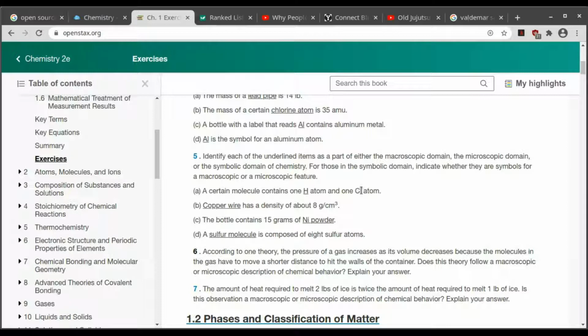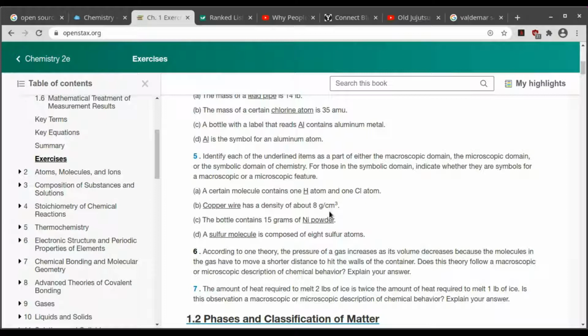Copper wire has a density of about 8 grams per centimeter squared. I believe that would be macroscopic. A bottle containing 15 grams of nickel powder. Definitely macroscopic.